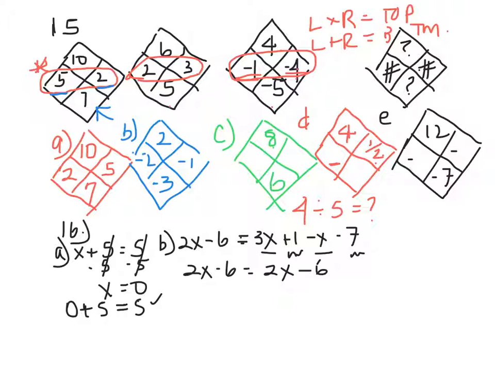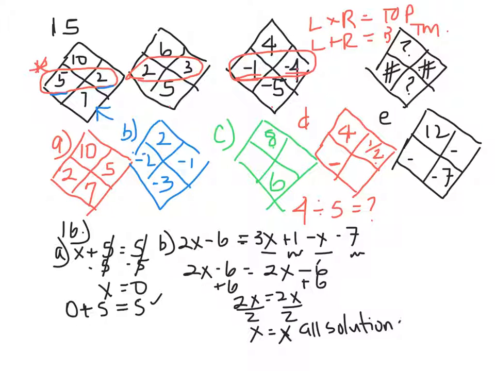This is looking awfully familiar, but let's go ahead and solve it out. Plus 6 gives me 2x equals 2x, which if I divide by 2, I get x equals x, which means any number or all solutions make that true. I can plug any number in there and it would be true, right?